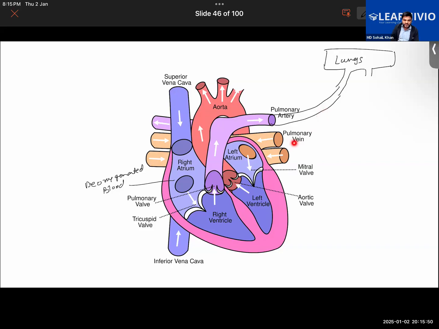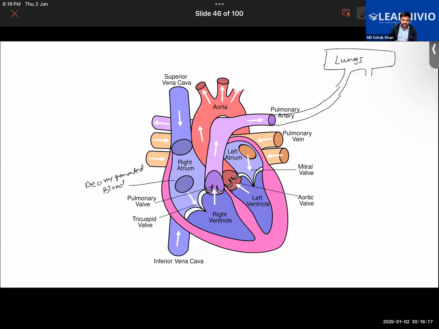Then also take a look at this valve here, the pulmonary valve. It will prevent the blood from the pulmonary artery from flowing back into the right ventricle. So there is another valve over here that will prevent the backflow of the blood between the pulmonary artery and the right ventricle.